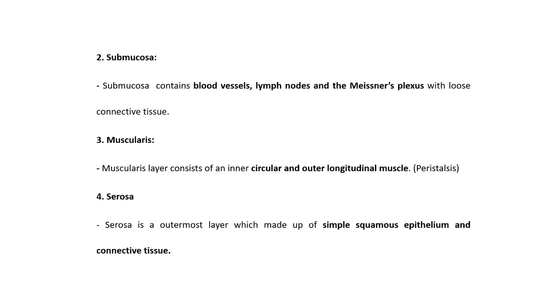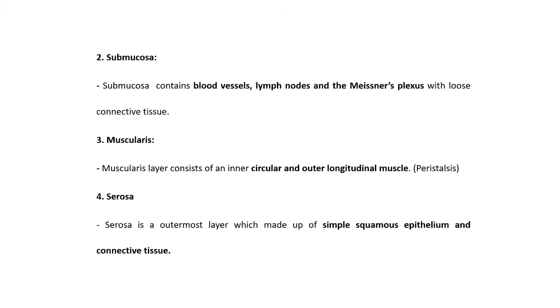Then the second part of ileum is submucosa. Submucosa is highly condensed with blood vessels, lymph nodules, and Meissner's plexuses with connective tissue.